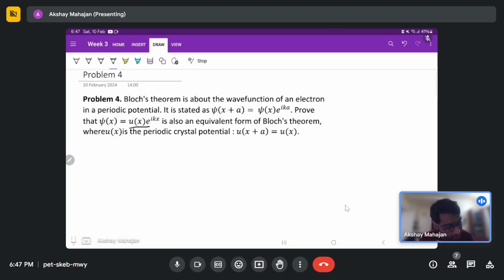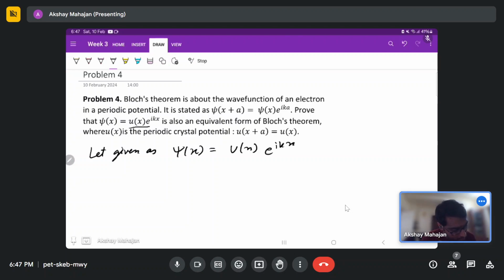So we will start with this definition, and from here we will see that this is equivalent to what we get from the Bloch theorem. So let's start: psi of x equals u of x e to the power iota kx.